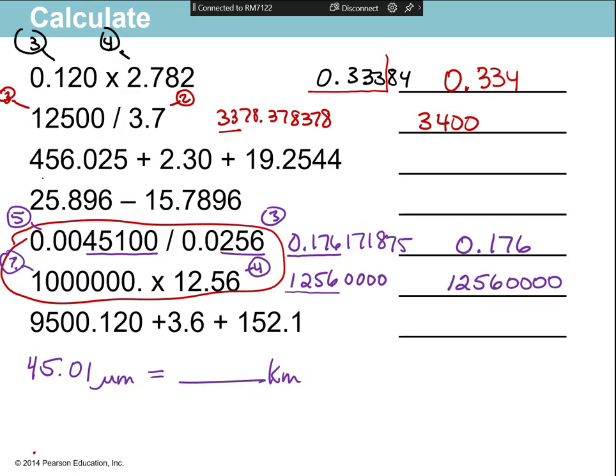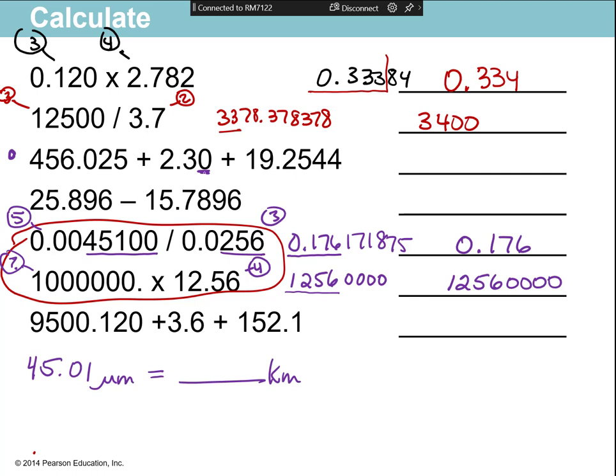So looking at this one, number 3, the first number has 3 decimal places, the second number has 2 decimal places, the third number has 4 decimal places. So I'm going to round my answer to how many decimals? 2. Because that's the smallest decimal place they all have in common. So this one, 2 decimals.